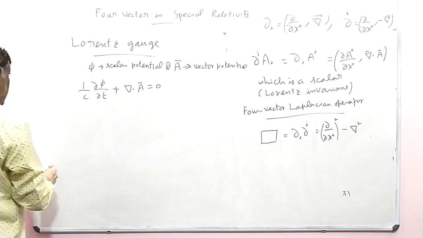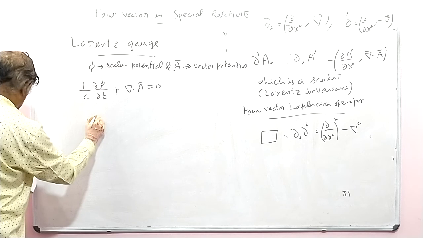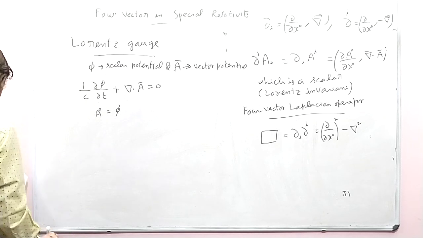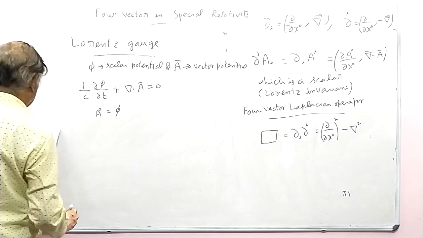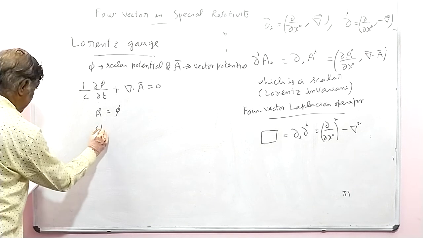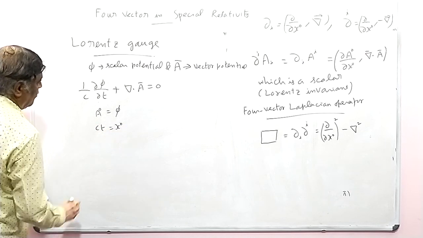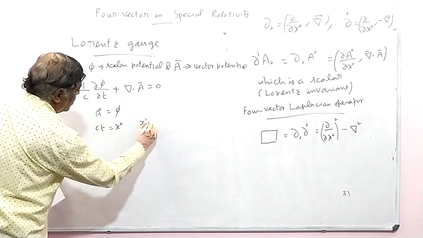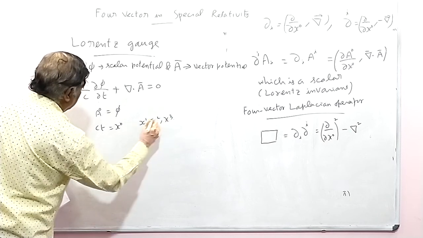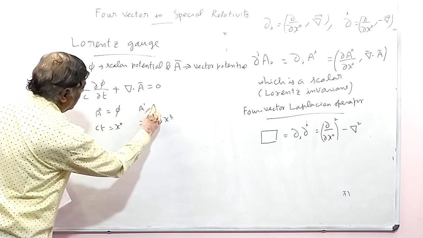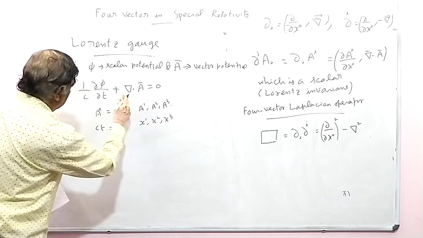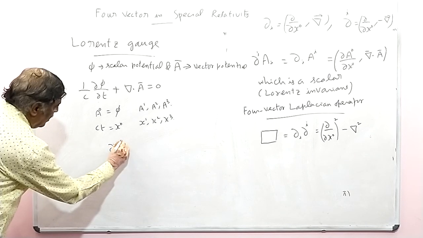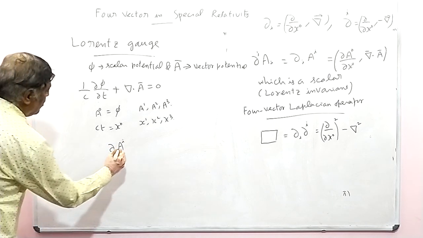Now, A0 we already discussed here: A0 is phi, and the first coordinate ct is equal to x0, and the other coordinates are x1, x2, x3, and these components are A1, A2, A3. So this can be expressed by partial d_i A^i equal to 0.